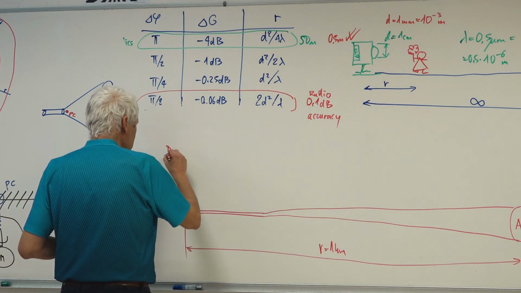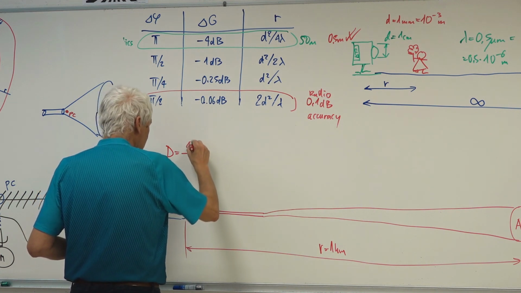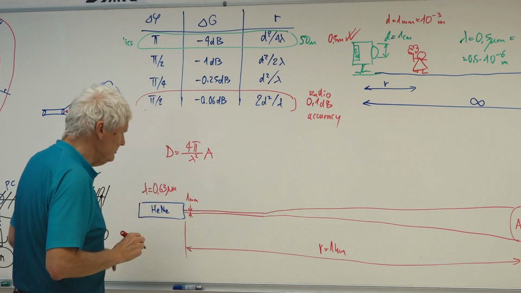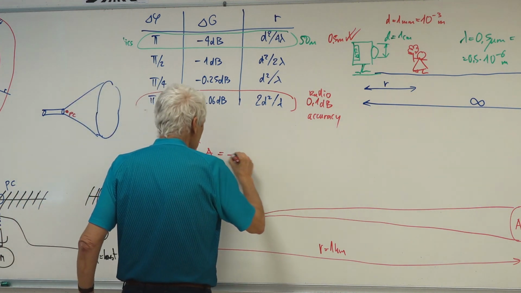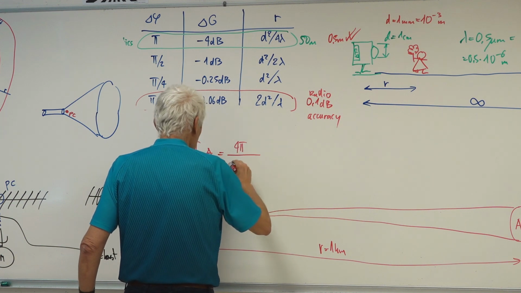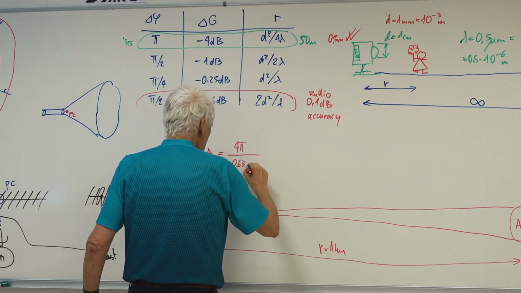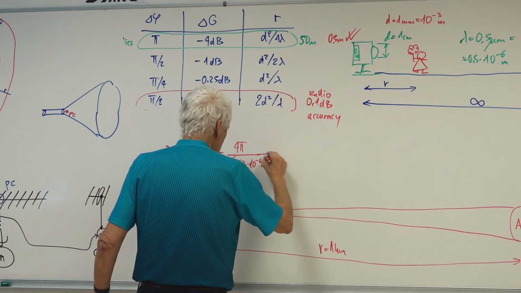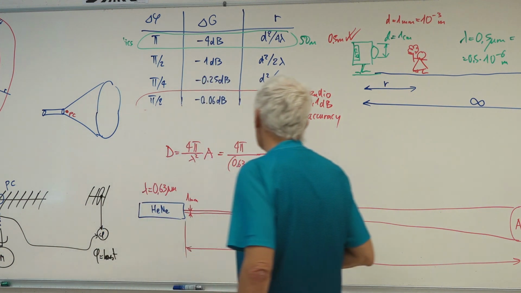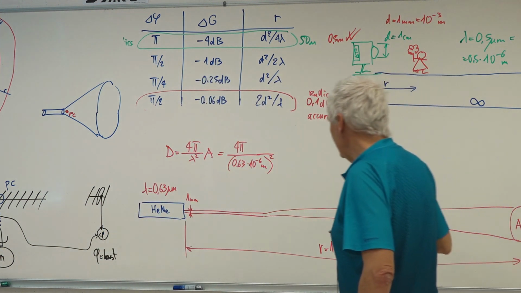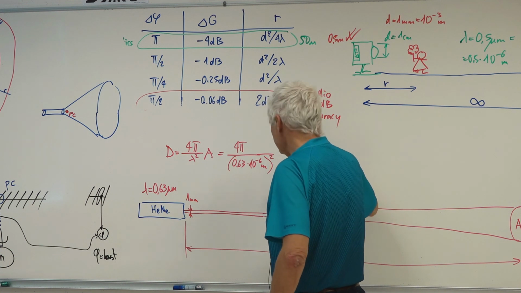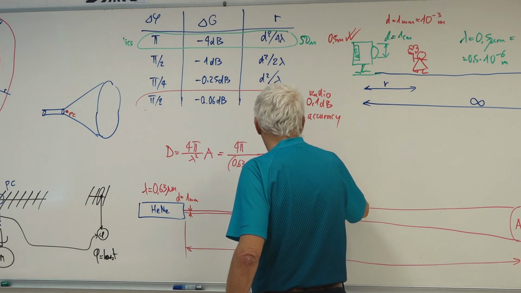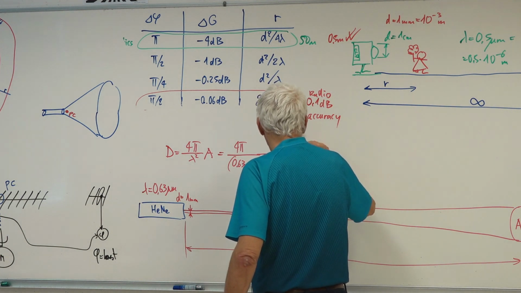The directivity is 4 pi over lambda squared times the area of the beam. So this is 4 pi, lambda squared is 0.63 times 10 to the minus 6 meters squared, times the area. Area is, if this is the diameter, pi times half the diameter squared.